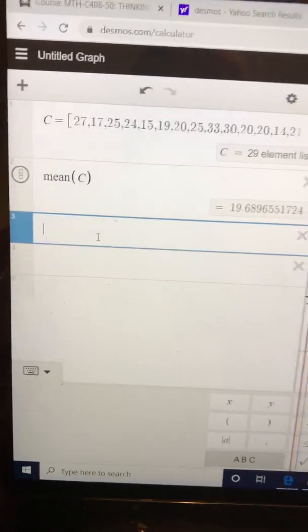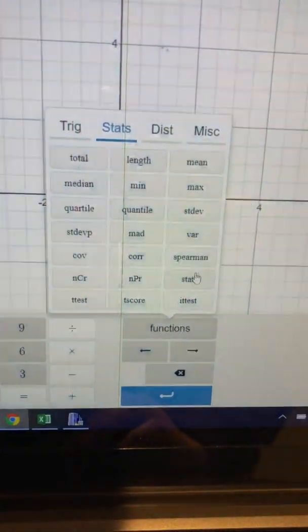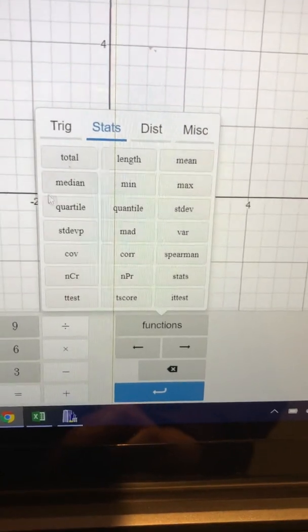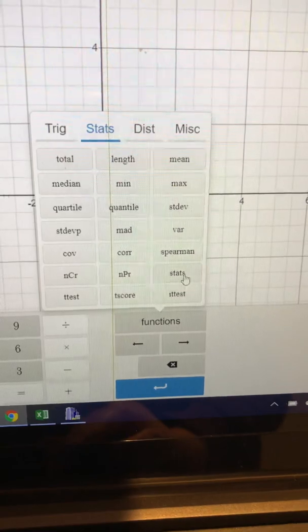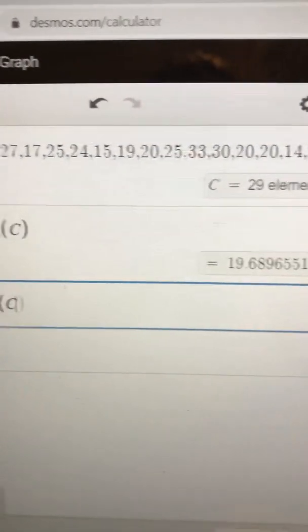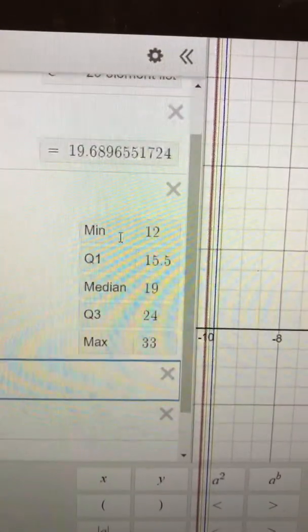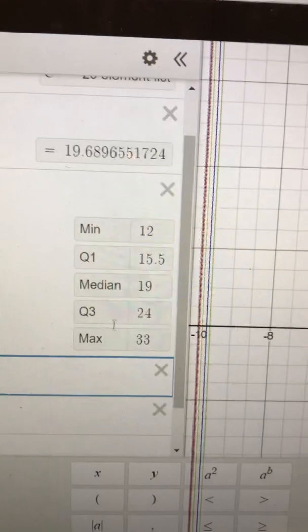Then to do the median, actually to do the whole 5-number summary, it has it separated. You can do the median, the min, the max, the quartile, but you can actually do stats. And if you do stats and C, it tells you here's your min, Q1, median, Q3, and max.